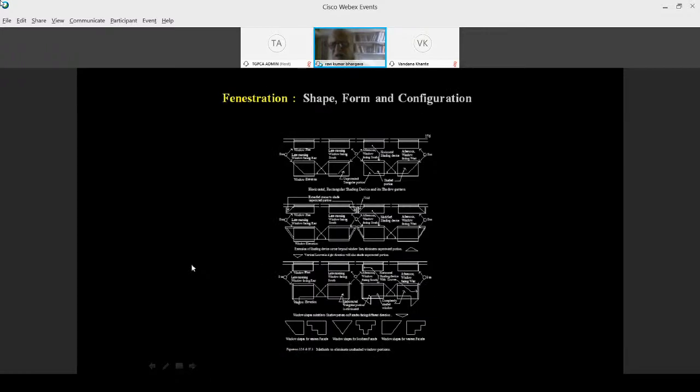Friend, consider the most common pattern or type of shading devices above the window. Most of our windows are rectangular, with an accordingly shaped shading device. Depending on the position of the sun with respect to the opening, this shading device will form a shadow pattern. And as the sun moves, the shadow also moves.